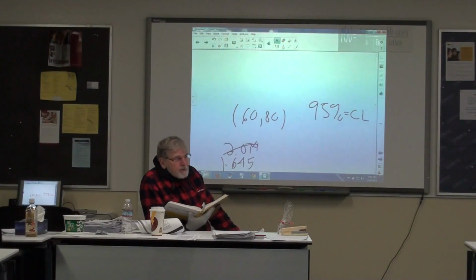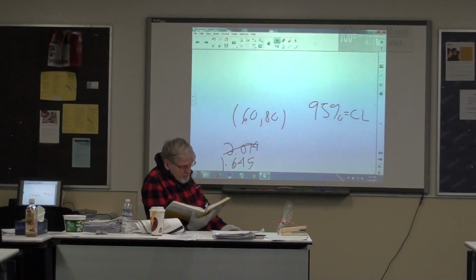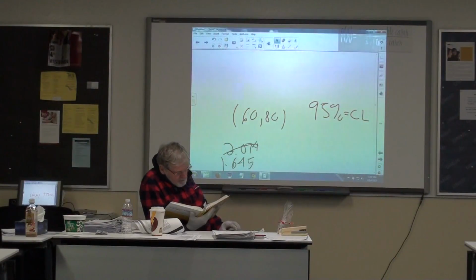Let's read the directions. So Kelly, could you read the directions, please? In exercises 13 and 14, use the given confidence level and sample data to find A, the margin of error, and B, the confidence interval for the population mean. Assume that the sample is a simple random sample and the population has a normal distribution. Go.